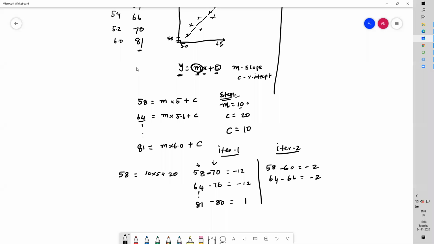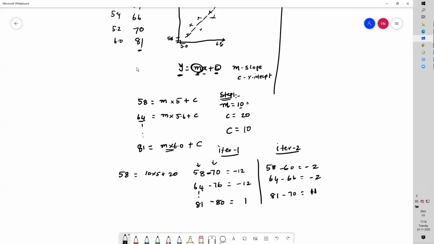And for the last observation, 60 plus 10, 70, so 81 minus 70 is going to give us 11. Fine. Which one is good? Obviously, by looking at these numbers, in iteration 2 we are much closer to the outputs than in iteration 1.